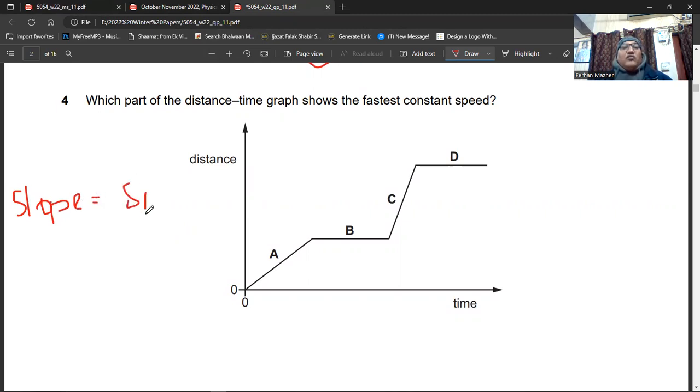So wherever the slope is steepest, there you will have the greatest speed, the fastest constant speed. At two places the graph is inclined, at this place and at this place, and very easily I can tell this is the steepest.